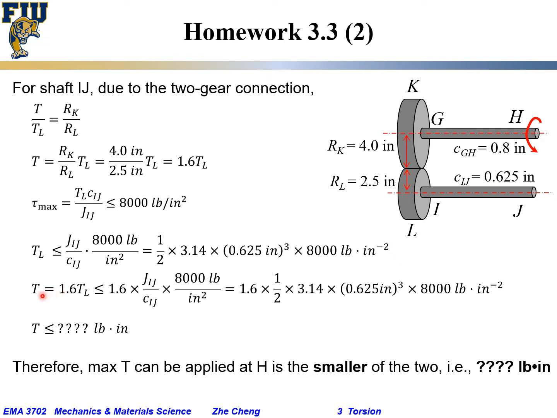And as a result, the applied torque T would be smaller than or equal to 1.6 times TL, and we know it should be smaller than 1.6 times half pi times 0.625 inch to the power of 3 times 8,000, and you get a number. And as a result, overall, the maximum torque that can be applied would be the smaller of those two values, one considering GH and one considering IJ, and you get that number. Okay?